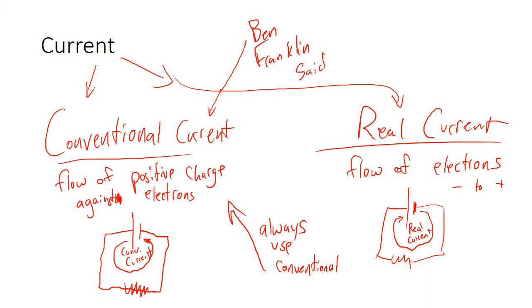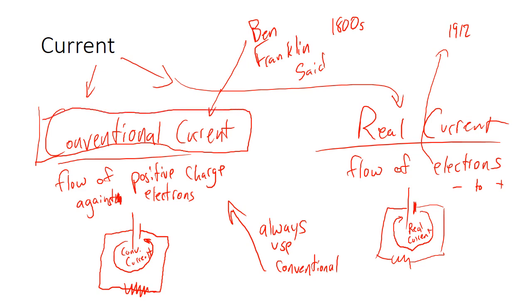Now, remember, Ben Franklin was around in the 1800s, huh? And electrons weren't discovered until around 1912 by Mr. J.J. Thomson himself. So this was in operation for over 100 years before the electron was isolated, and it was known that electrons were causing the current. So that is why we still use conventional current. It is Ben Franklin's fault.